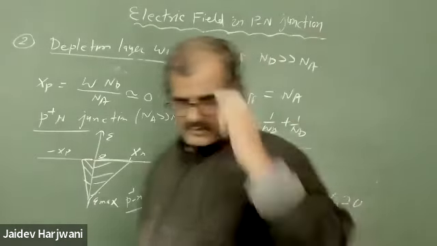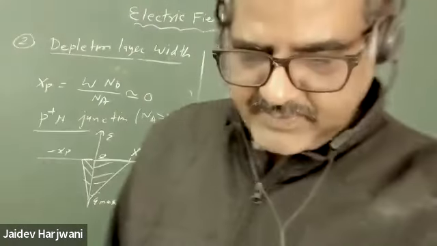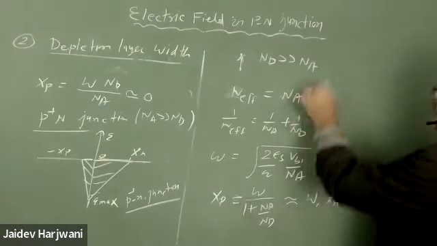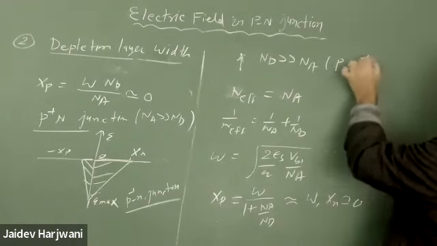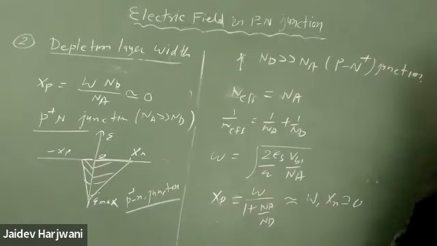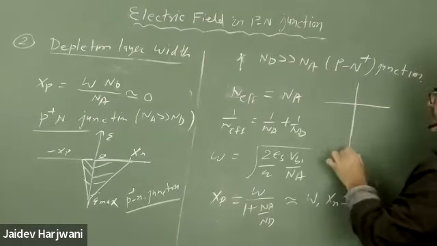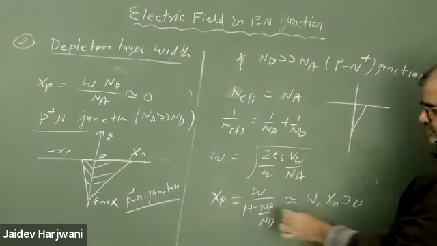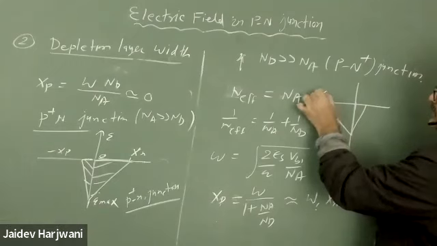And you can plot the opposite way for an N plus P junction. This is called a P N plus junction, where the N doping is high. If you want to plot the field here, it will be less on this side, and the full width will always be towards the P region.